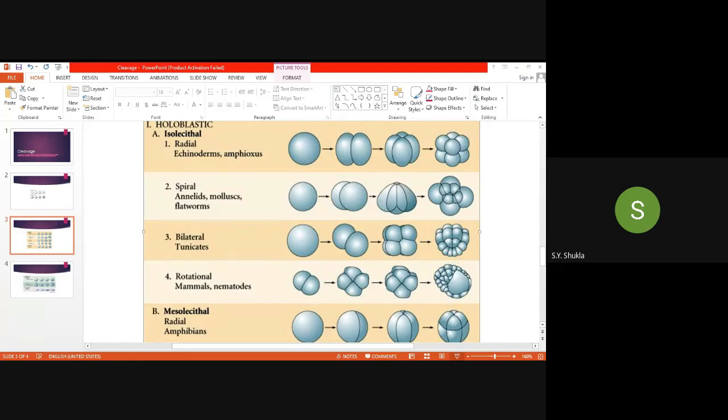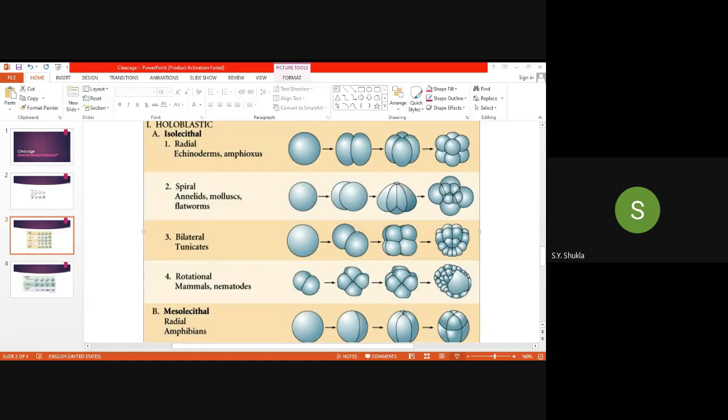And this is a very, very important topic regarding the NET exam, because it is a common question. Diagrams are shown to us, and we have to identify either the example of the cleavage or the type of cleavage from the diagram, or vice versa. Vice versa means we are given that this is a radial cleavage, which is found in isolecithal eggs, and what are the examples?